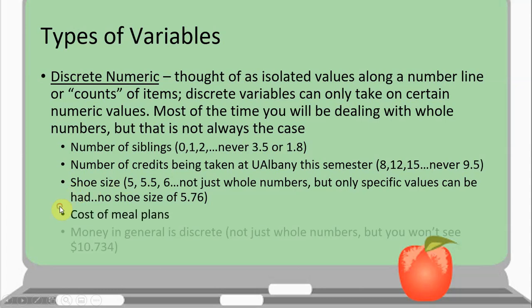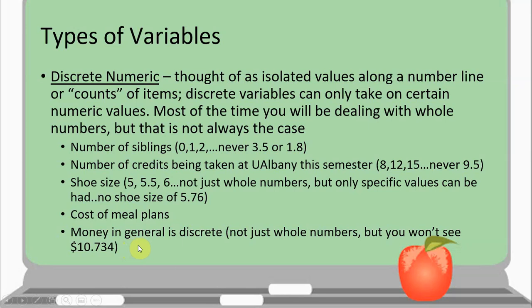And money. Cost in general, money in general, that's discrete. Money is, again, an example that's not always whole numbers, but you're not going to ever see a dollar amount that goes out 3 decimal places. A person might have $10.73, maybe they have $10.74, but they're never going to have an amount of money in between the two. These are examples of discrete values. Only certain numbers can be hit.